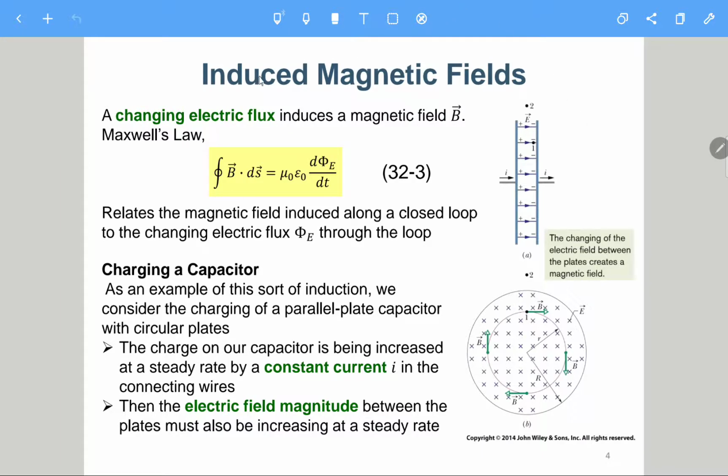Okay, so next we talk about the induced magnetic field. In chapter 29, when we talked about the Ampere's law, it is B dot ds equals mu naught I enclosed, if you still remember.